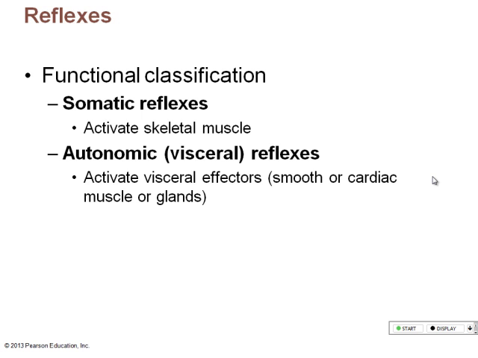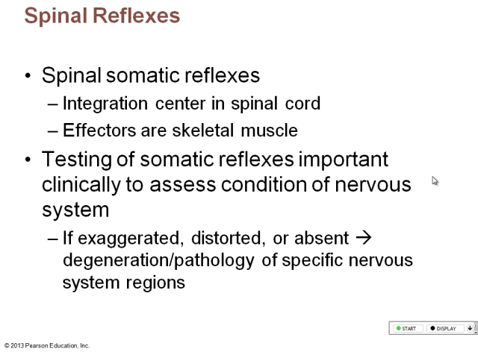Some of the different reflexes are then discussed in your textbook. Spinal reflexes, somatic reflexes that activate what? Skeletal muscle. Autonomic reflexes are going to innervate what? Some sort of visceral, so we're talking about smooth muscle or cardiac or gland innervation.